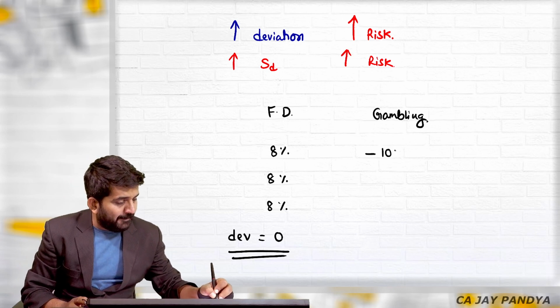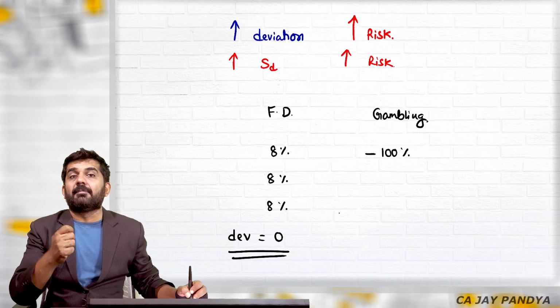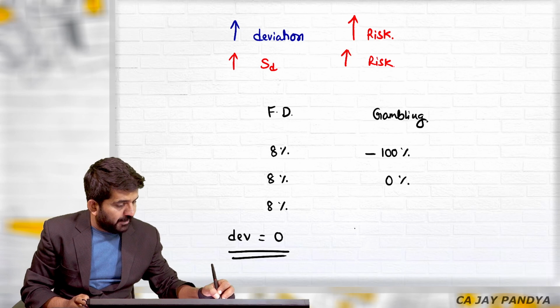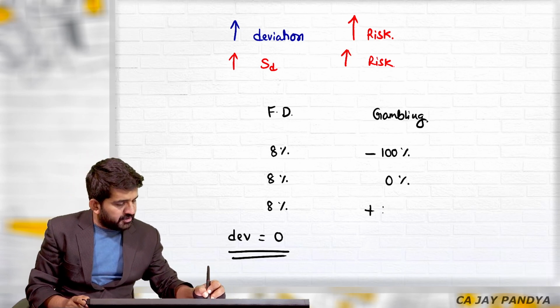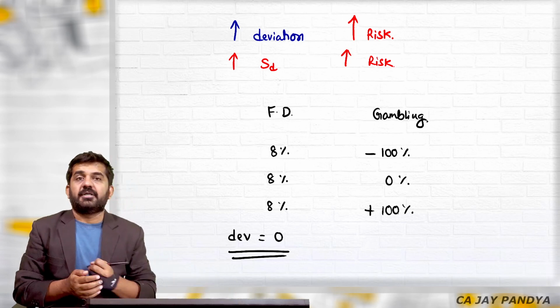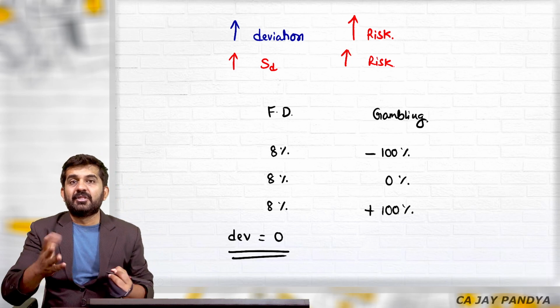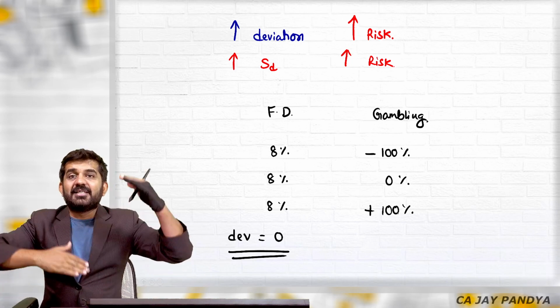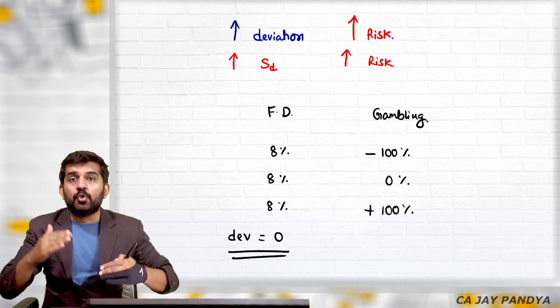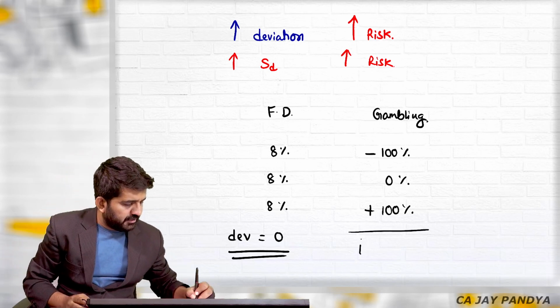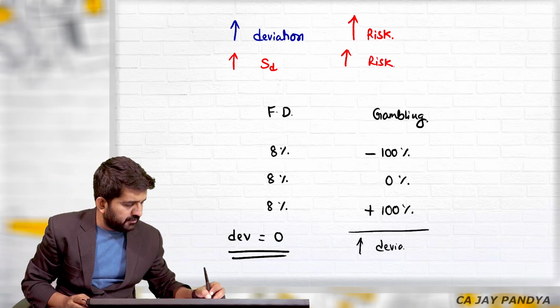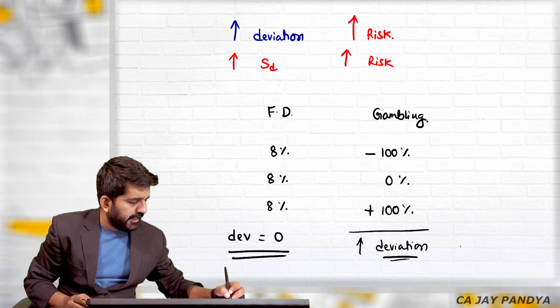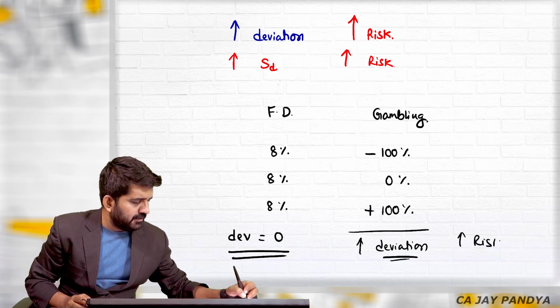If I do gambling, my rate of return might be minus 100%, it might be 0%, or it might be plus 100%. Nothing is fixed. It is deviated. Huge deviation. There is more deviation, and so there is higher risk.